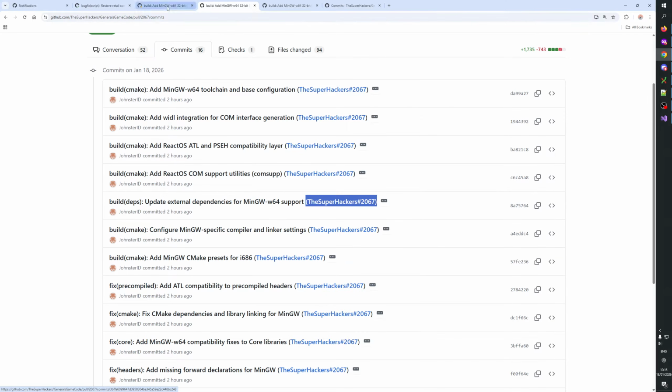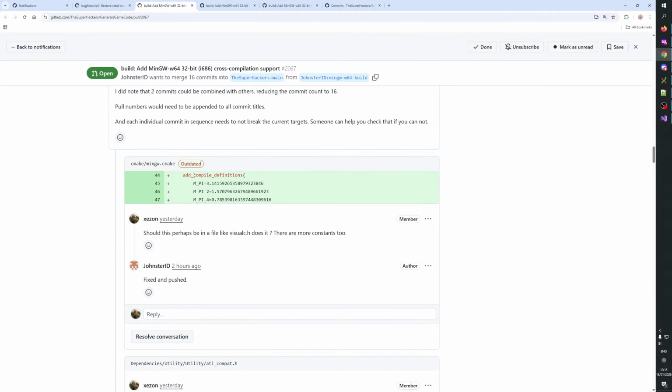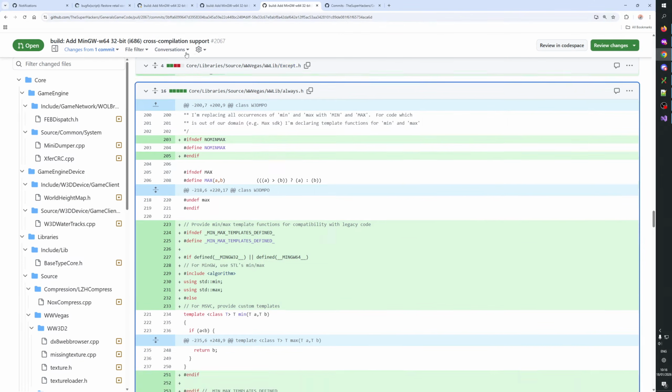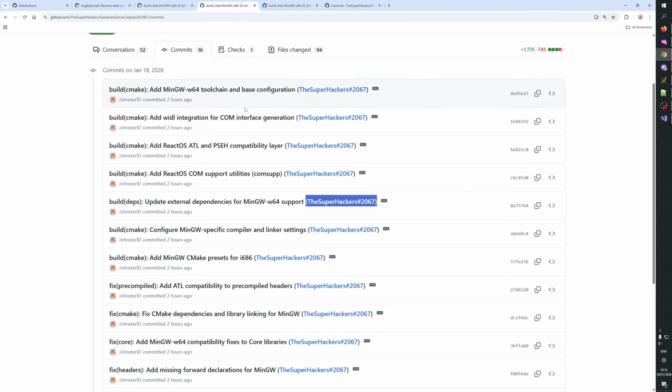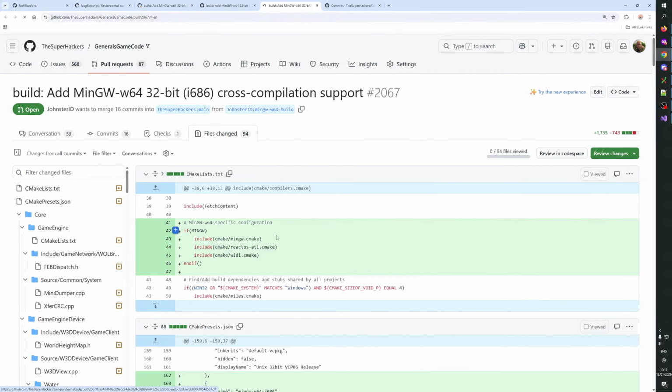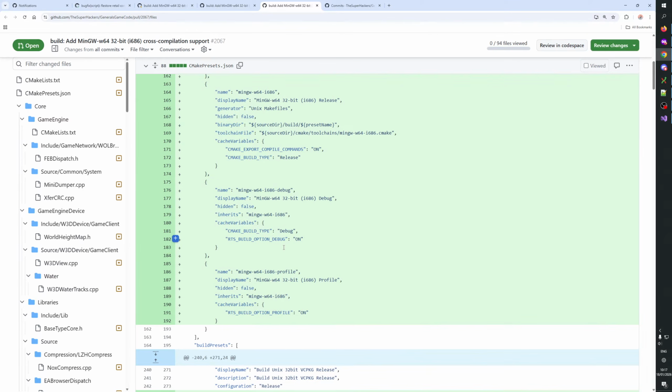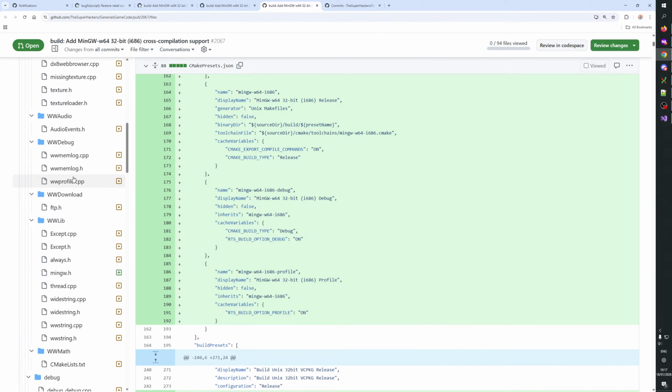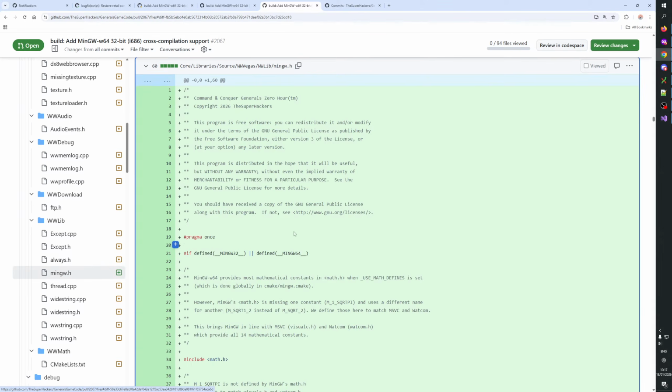Okay, I don't understand where he fixed this. So it was in min GW before, yeah? Oh boy. Question is, how do we find this now? He didn't say how he fixed it, he just says he fixed it. So we need to figure out how he fixed it now. Oh boy. This will be hard.